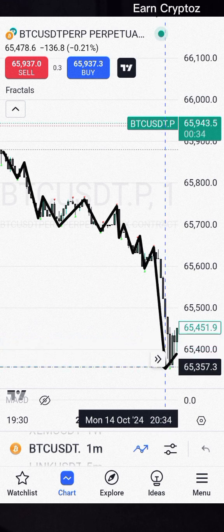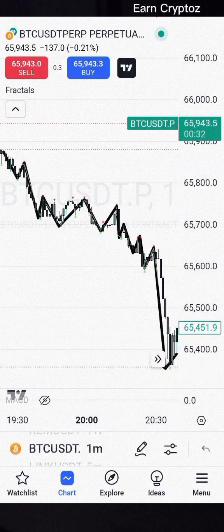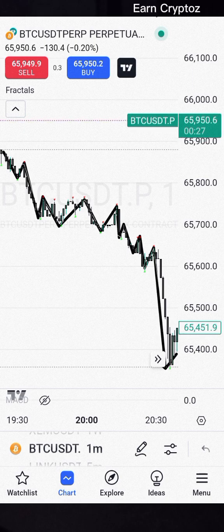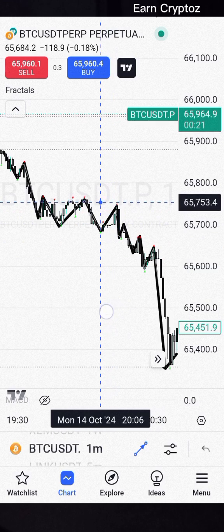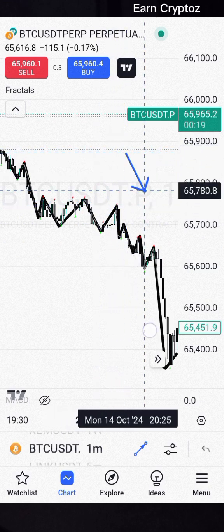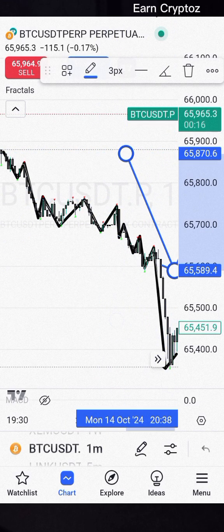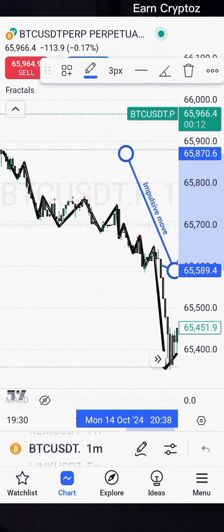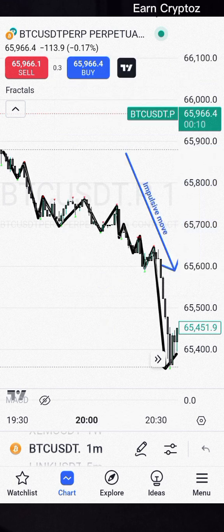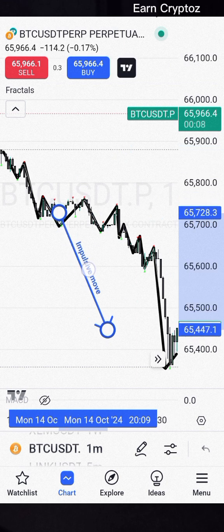Once you do this, you're gonna see the last valid pullback, and that is your inducement. The last valid pullback. Okay, so as you can see right here, this is the impulsive move, the bearish impulsive move.